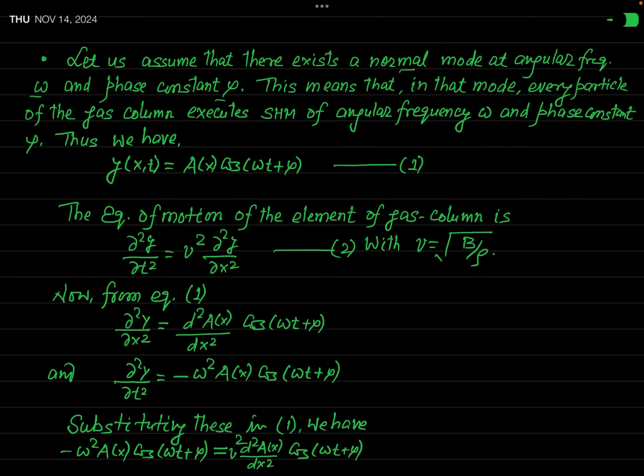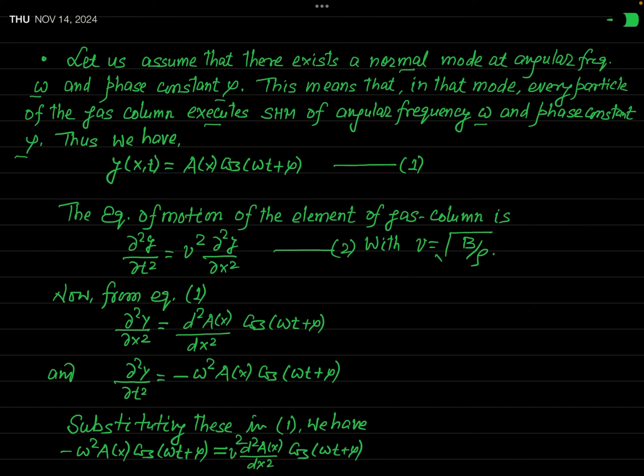It means that every particle of the gas column executes simple harmonic motion of angular frequency omega and phase constant phi. But here the amplitude of the SHM for different particles will be different. That will depend on position. As we have assumed the oscillation of the particle along the x-axis, the amplitude of oscillation will be a function of x.